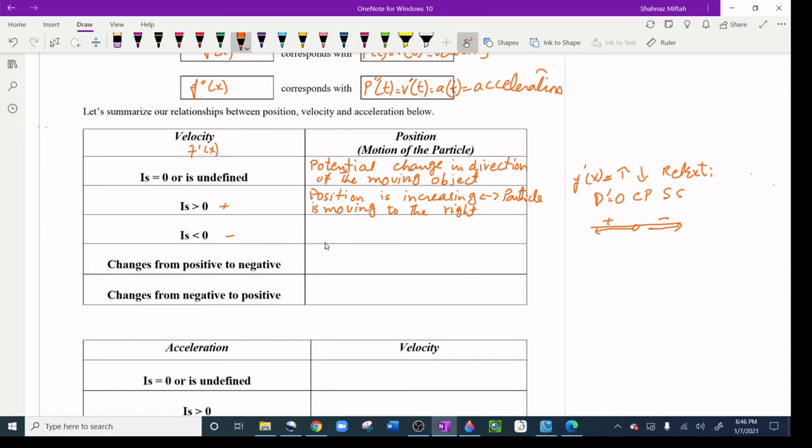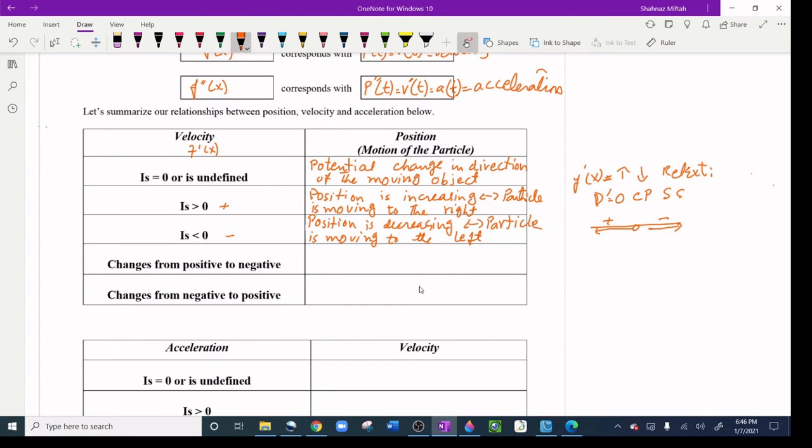If the velocity is less than 0, then we're going to say position is decreasing, or vice versa, you can say either particle moving to the right or position is increasing. So we're going to say the particle is moving to the left.